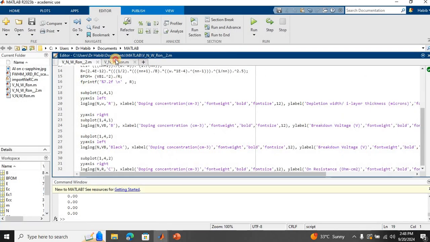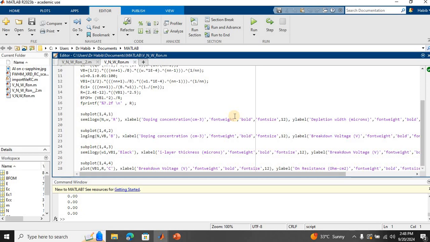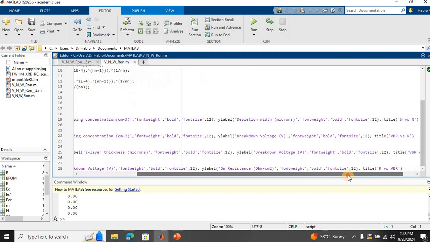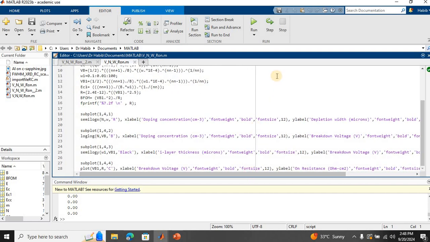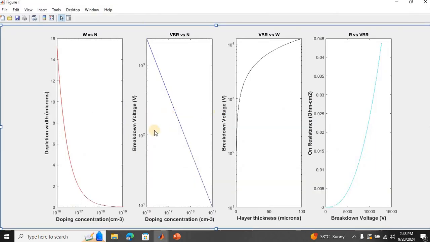And also I got another code where you can individually plot each of these parameters. So I'm going to run this program now. And you can see depletion width plotted versus doping concentration, breakdown voltage plotted versus doping concentration.